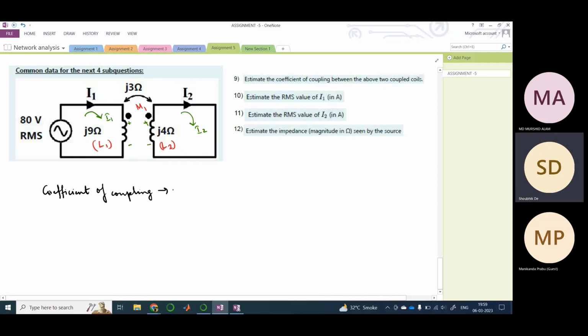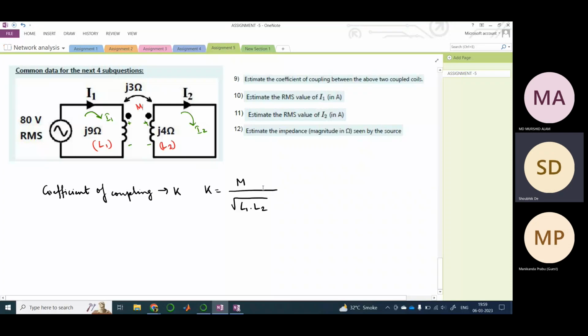It is denoted by K, and K is given by M divided by the square root of L1 into L2. I should not write M1 here, since there are only two inductors, so only M would do.